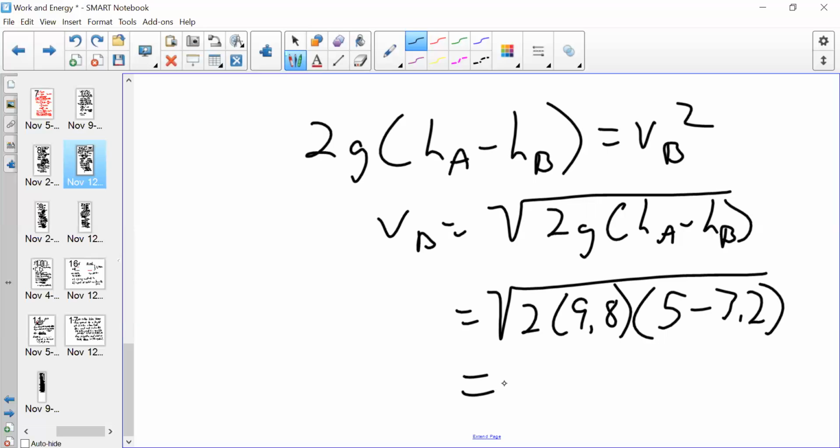All right, so what do you get for that? Calculate. So it's basically the same equation, the kinematic equation. We just found it with the energies.